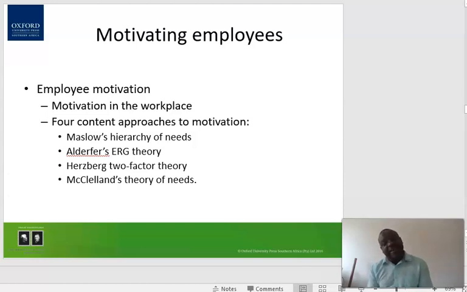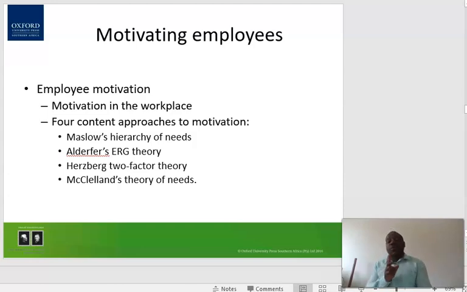Because another need will emerge, which is esteem needs. These are also known as egocentric needs. People need to be recognized and celebrated. Once esteem needs have been satisfied, Maslow said they cease to be motivating factors, and another level of need will emerge, which is self-actualization needs.